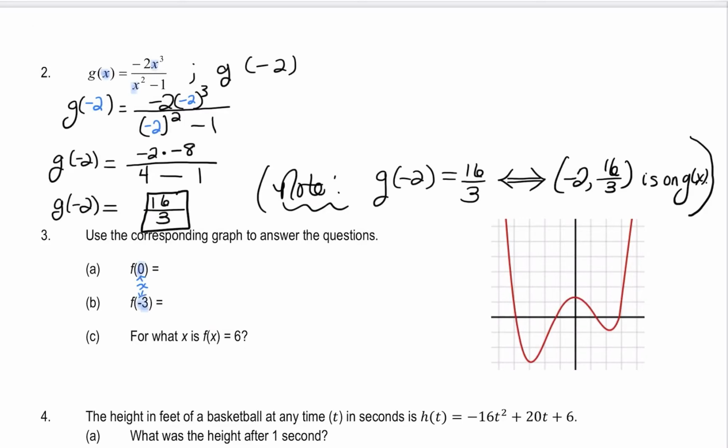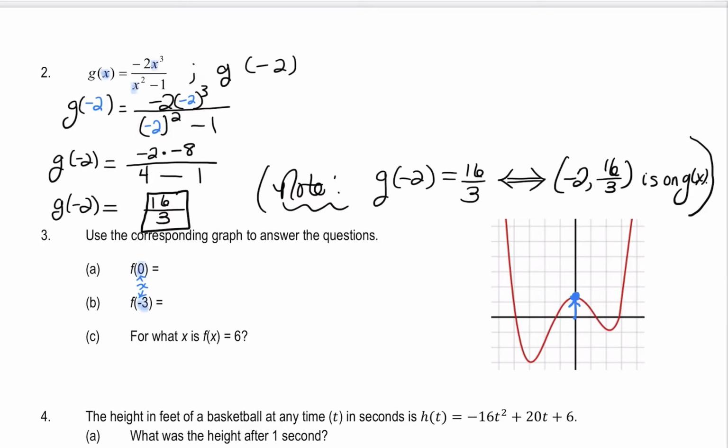As we look at part A, f of 0, we go to our graph, go to where x is equal to 0, which is right here, and then look for where that point is on the function and figure out what the y coordinate is.